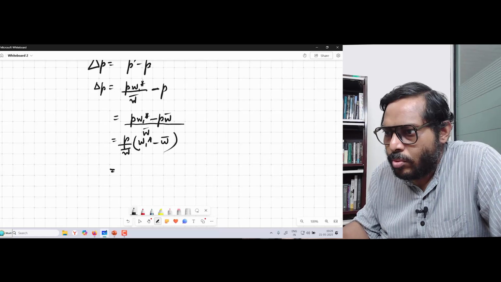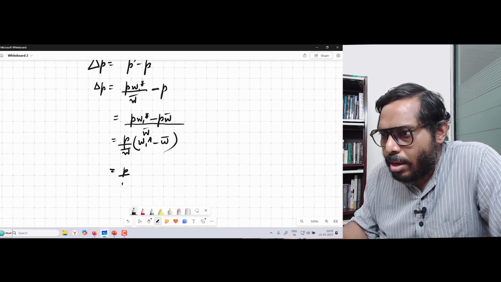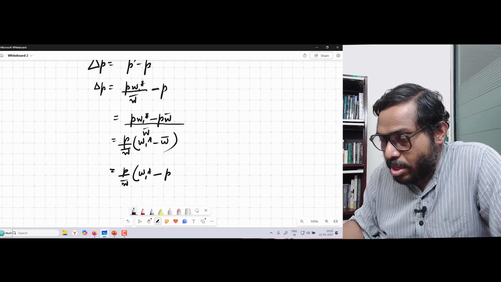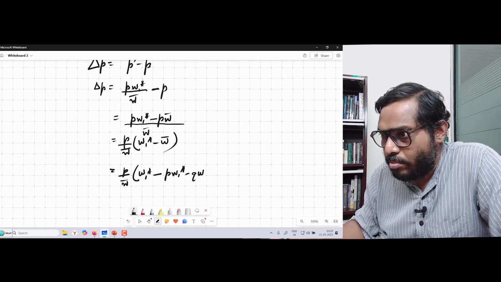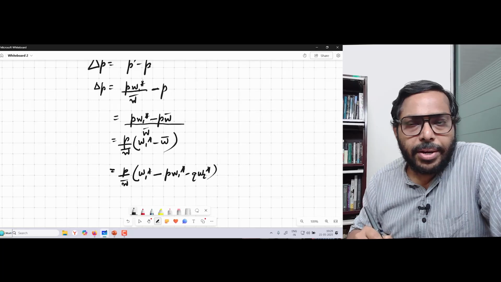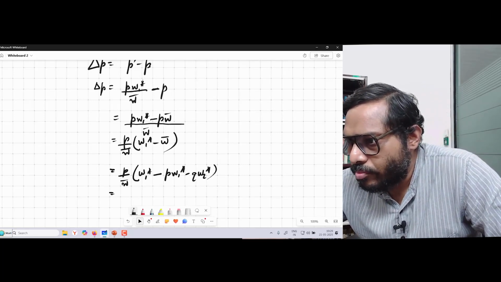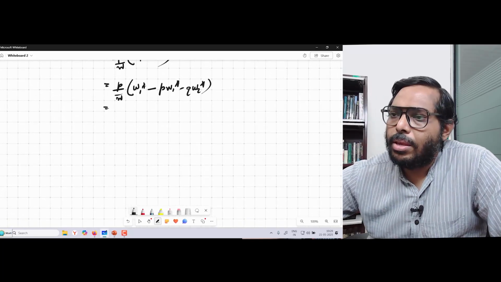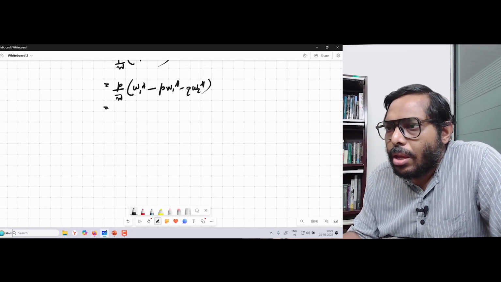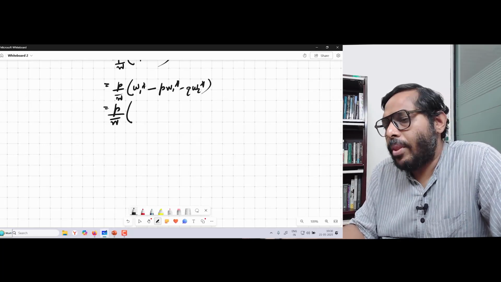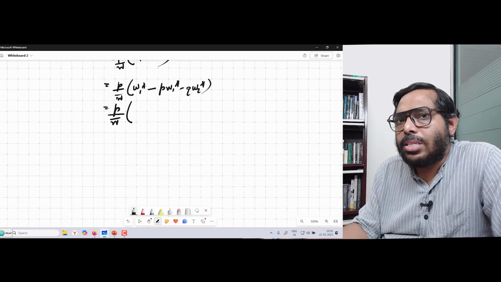equal to P by W bar into W1 star minus P W1 star minus QW2 star, right. Let's take it a bit forward, equal to P by W bar into W1 star minus PW1 star.